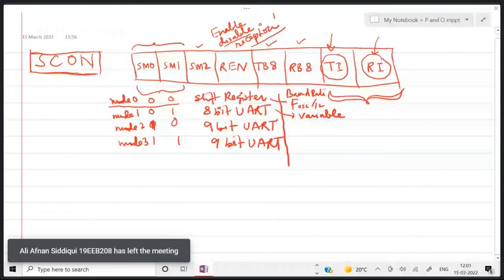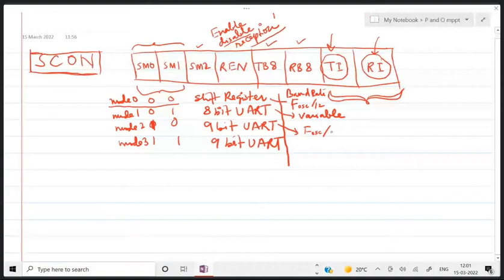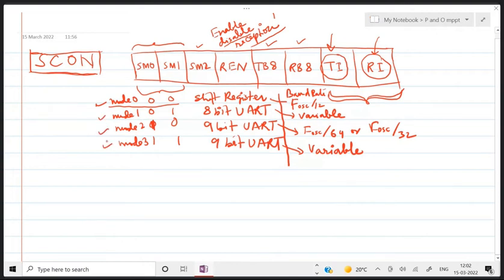It is either FOSC by 64 or FOSC by 32. And in mode 3, it is again variable. So these are the four modes of serial communication in 8051. By selecting 00, we select mode 0. Similarly, 01 selects mode 1, 10 selects mode 2, 11 selects mode 3.